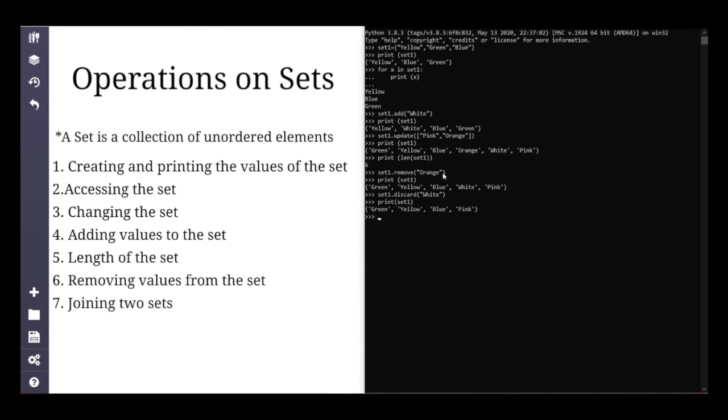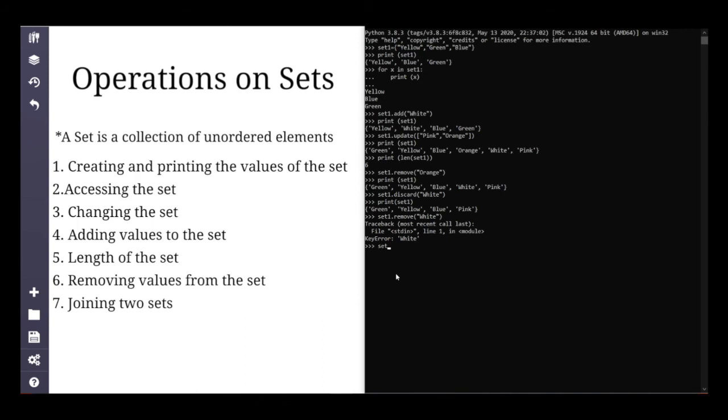Now let's try and remove an element that is not here. That is, let's say we remove white again. See, there is a key error since we do not have white anymore.